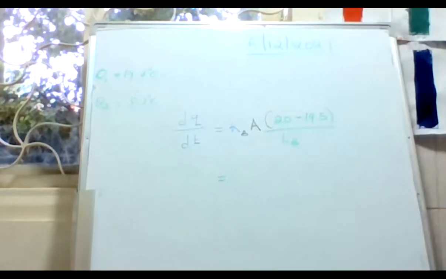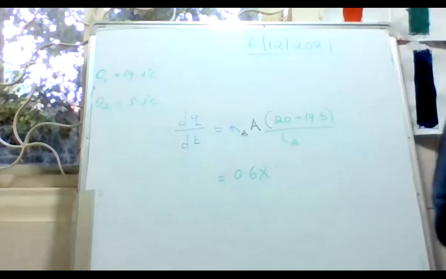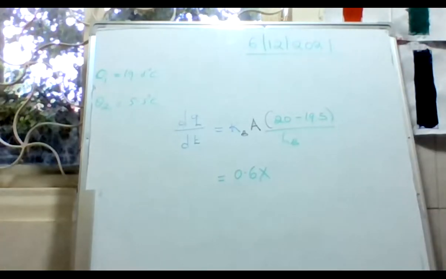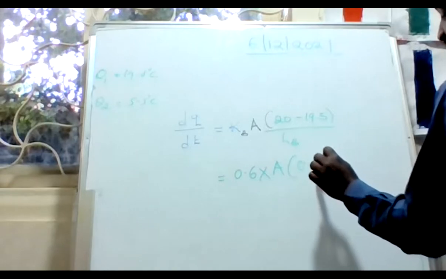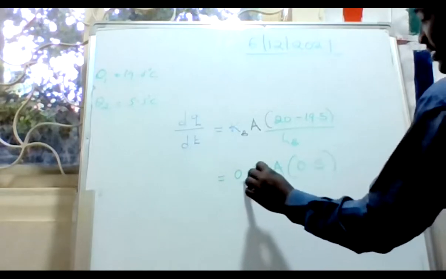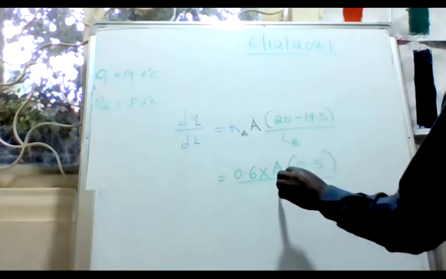If you remember, the k of the brick is equal to 0.6, times the cross-sectional area, which we can leave there, then divided by the brick thickness, which is 100 millimeters, this is 0.1.